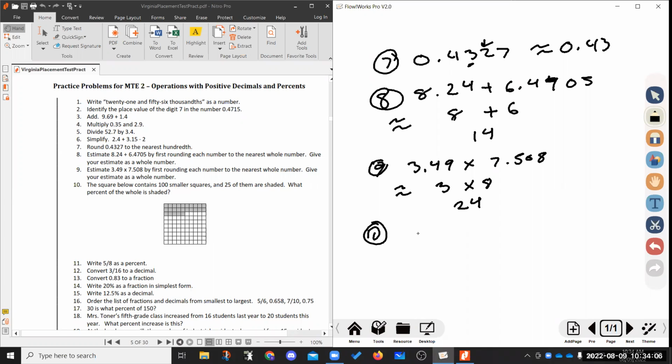That is what the definition of percent means, is out of 100. So if we have 25 over 100, that's the same thing as 25 hundredths, which is the same thing as 25%.